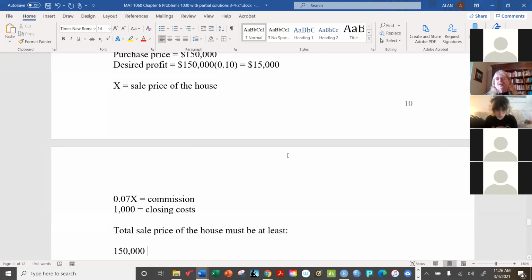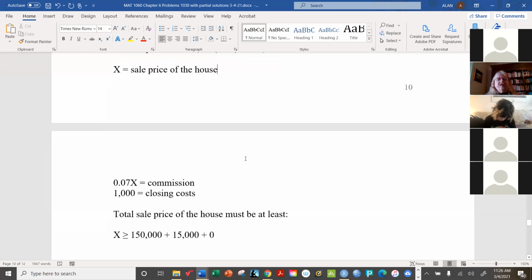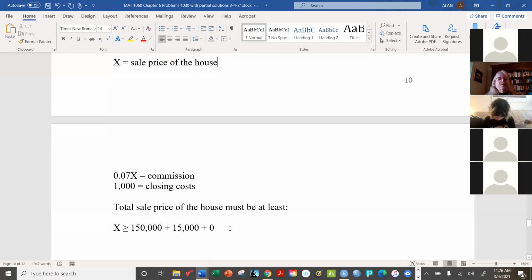So the total sale price of the house must be at least $150,000 to compensate them for the original purchase price, plus another $15,000 in profits, plus, actually, let's write it like this. It must be at least, okay, so on the right-hand side, you see the original purchase price, which is $150,000, plus the profit, plus the commission, plus the closing costs, okay?